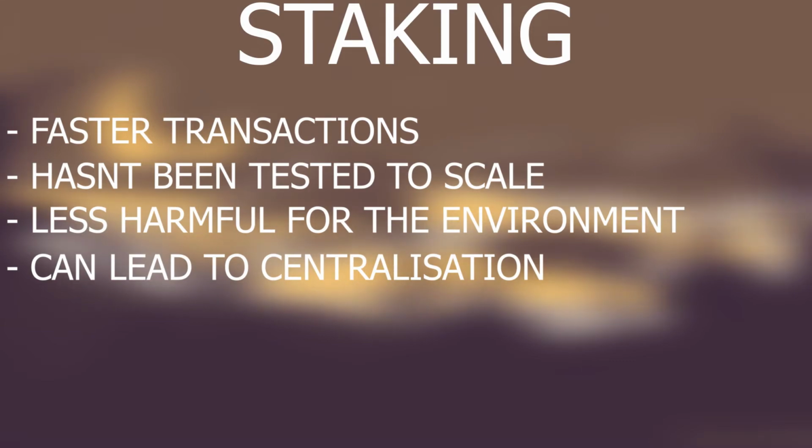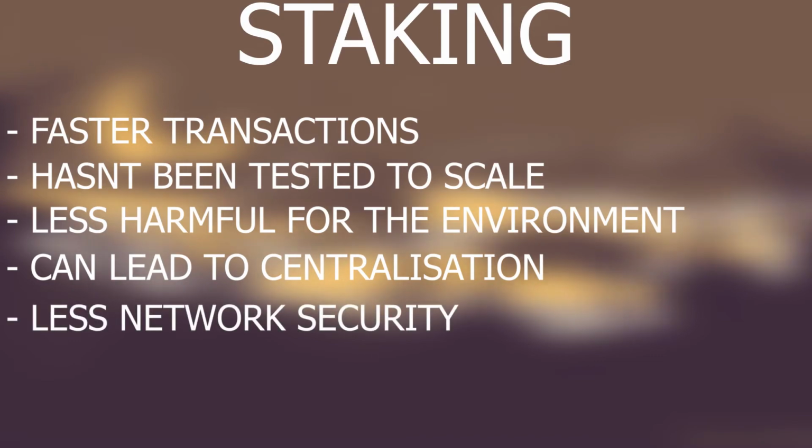If all these exchanges decided to turn off their nodes, then the network would struggle to keep up. This is why it's good for people to set up nodes themselves to make the network more decentralized. This is the whole point of crypto, and that's to have a decentralized network which nobody can shut down or manipulate. Therefore, proof of stake isn't as secure as proof of work when it comes to network security.